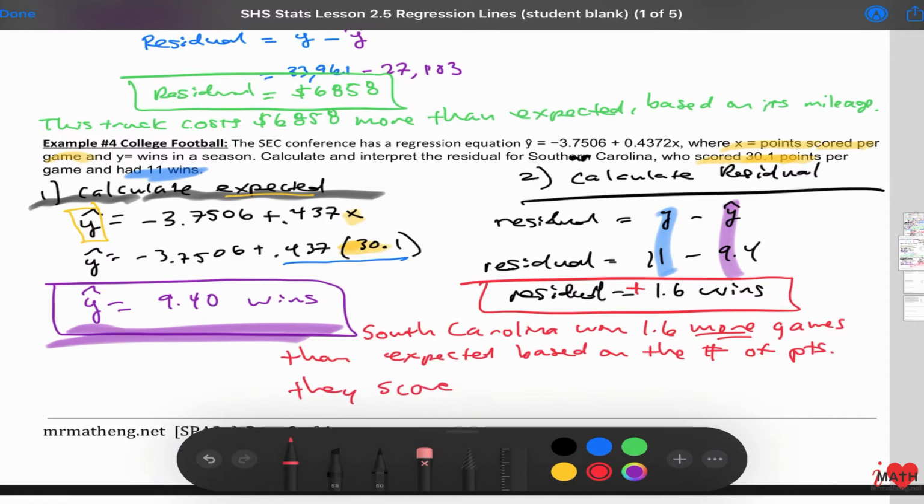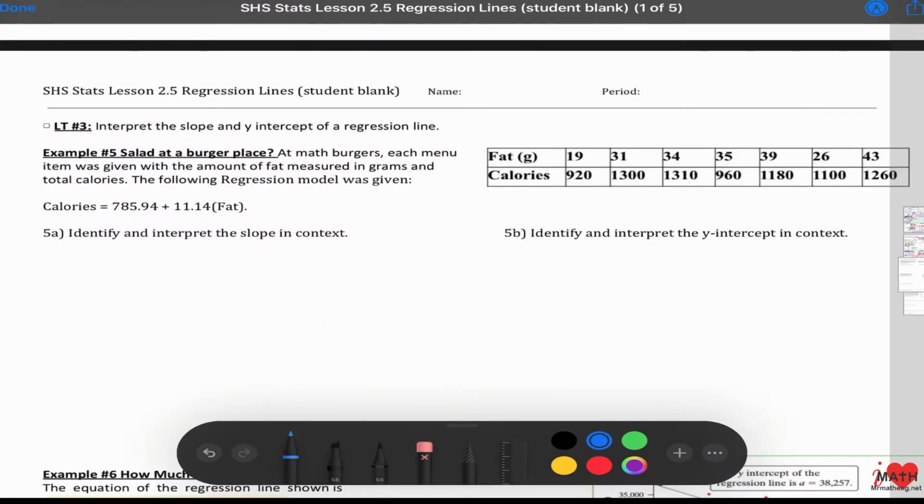We're basically saying in this scatter plot, we predict that they will win this amount based on the number of points they scored. This is how many wins they should get, but South Carolina, remember, they are above. Let's try page 3 now.